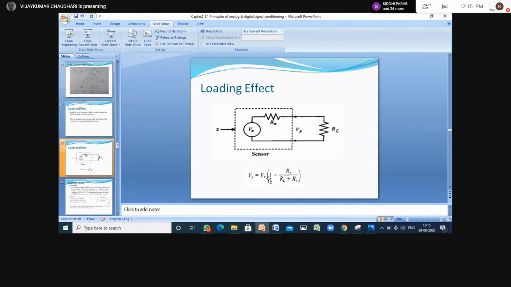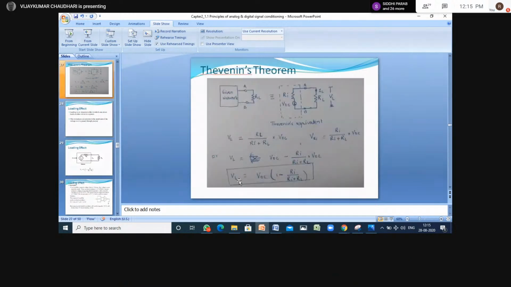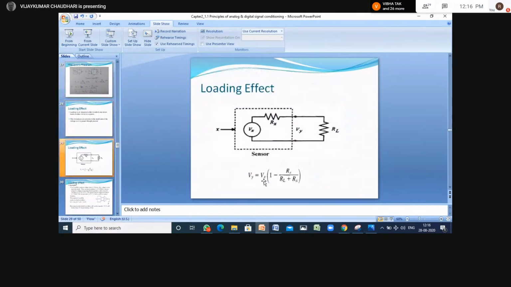As in this case, VL is VOC minus this drop, so Vy is equal to Vx into 1 minus Rx upon Ri plus Rl. Same formula, only the notations are changed, right? It's the same circuit. So how does it affect the next stage?